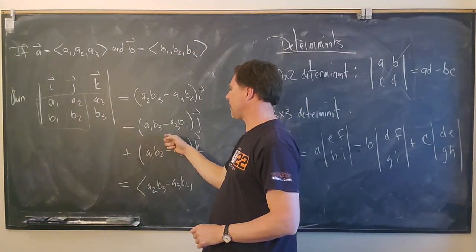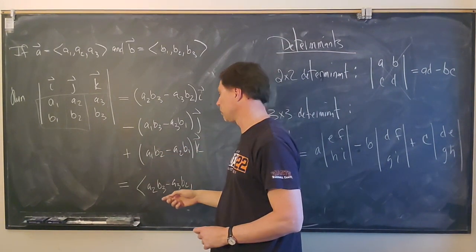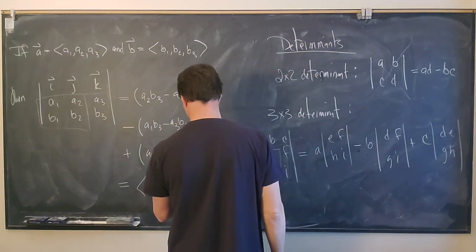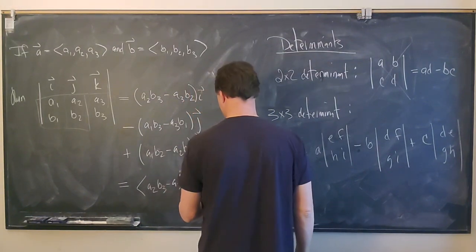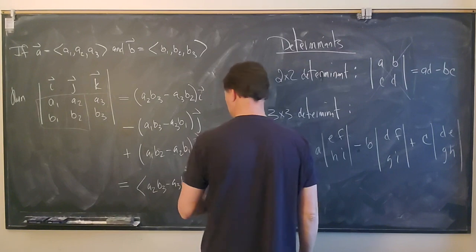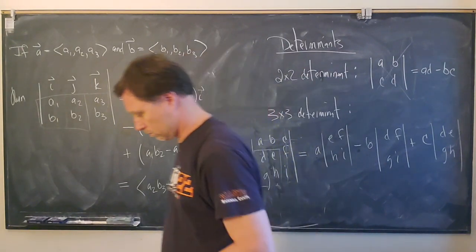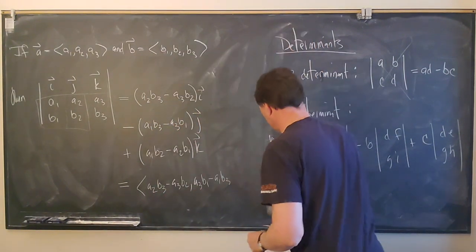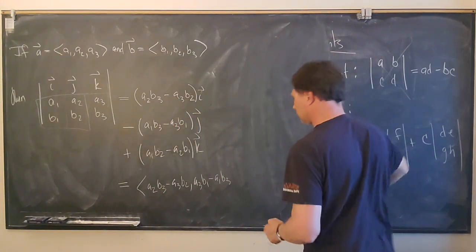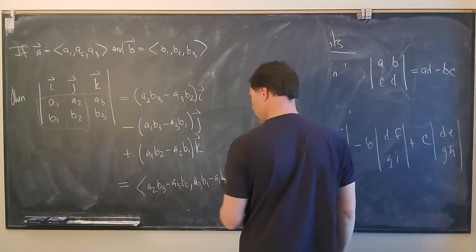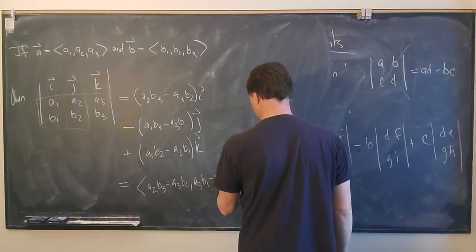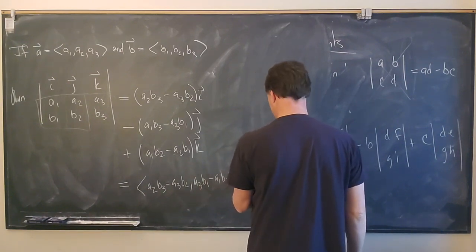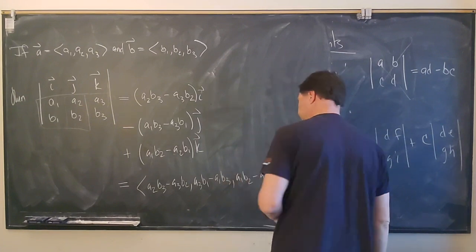I'm going to feed the minus sign through, and so it'll give me A3, B1 minus A1, B3. And then in the third entry, that's A1, B2 minus A2, B1.